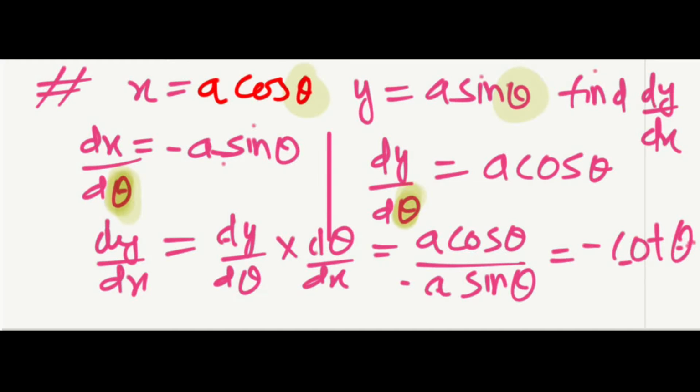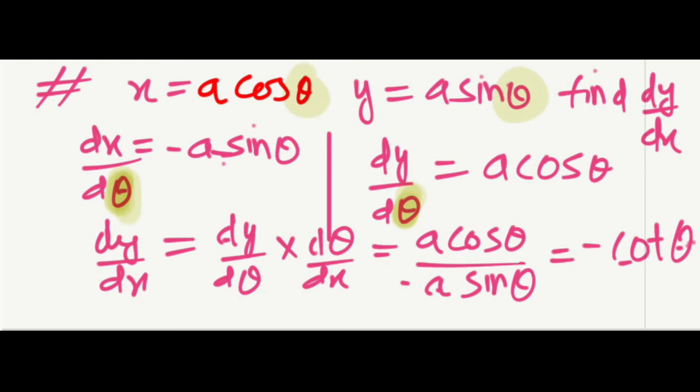You remember that. Again, on the right side we have y equals a sin theta, so dy upon d theta equals a as it is, because it is a constant, and the derivative of sin theta is cos theta.